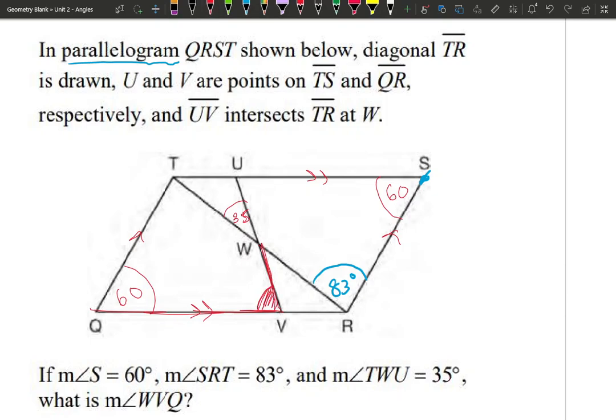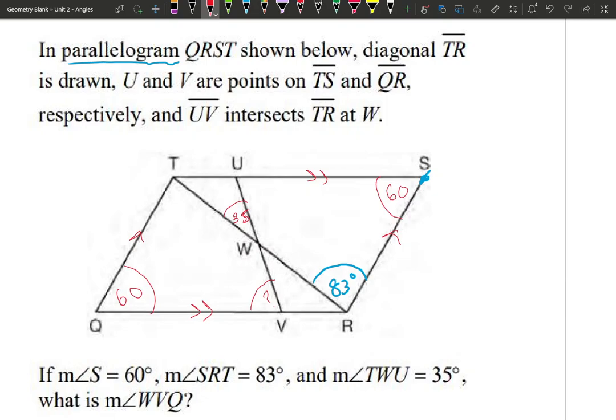So that's the angle that they're looking for. Now, I've seen about four or five different ways that you could solve this problem. It's a very open and nice problem in that regard. But what it'll tell you is that if you just find as many angles as you can, you'll ultimately end up at the right place.